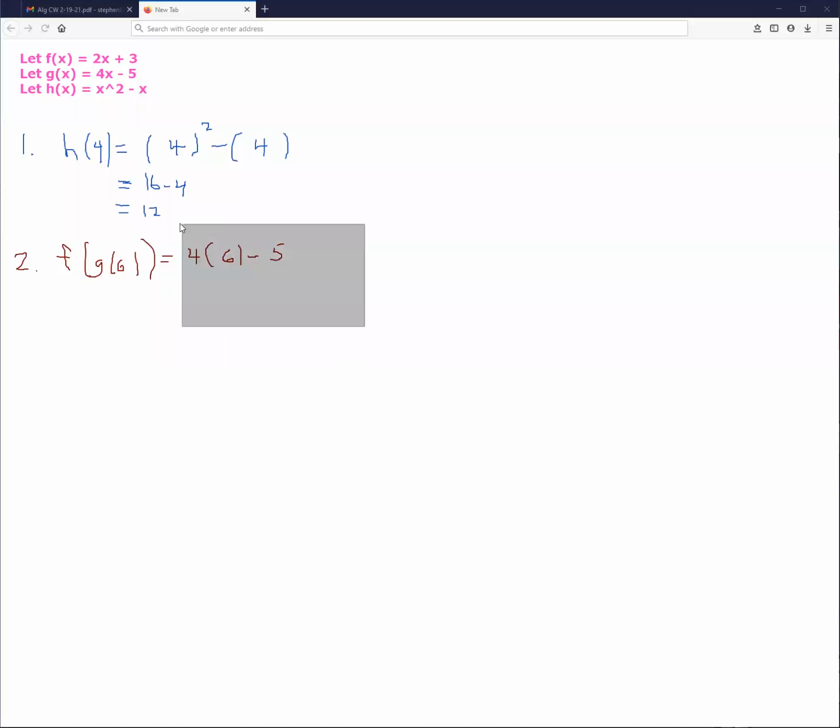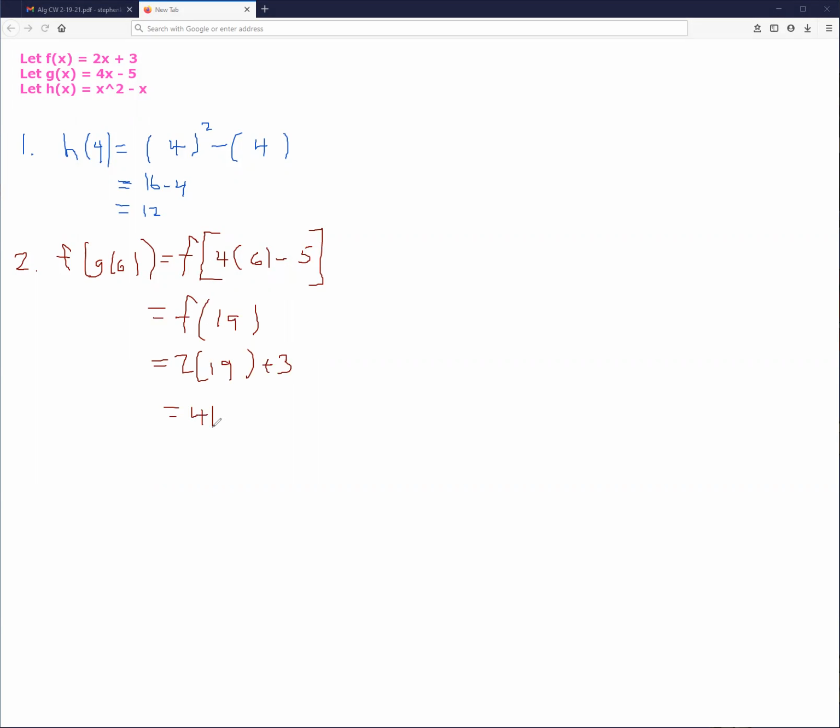And I realized that I didn't leave room for the f of part. So this is f of all this stuff, which is f of 24 minus 5, which is 19. And then f of 19 is 2 times the stuff plus 3. So that's 38 plus 3, which is 41.